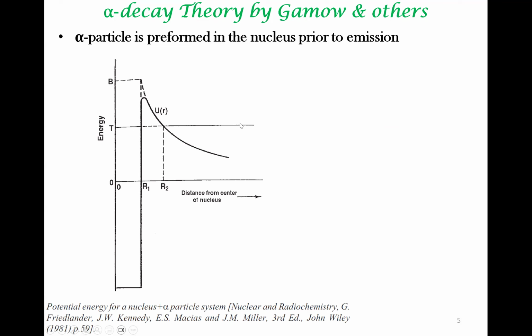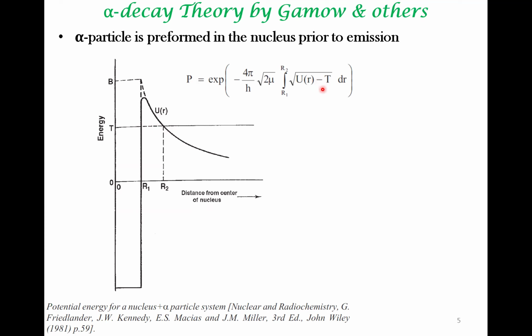It comes out with that kinetic energy, and this kinetic energy is less than the activation barrier. But despite this energy being less than this energy, the alpha particle is able to tunnel through because of its quantum mechanical nature. And the probability of it tunneling through is given by this formula.